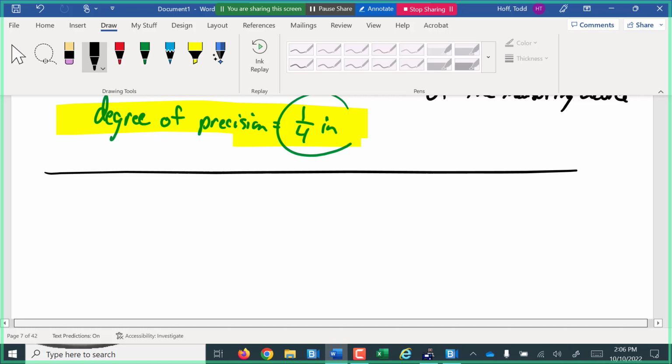Okay, so we have a few pages to put together here. So these are all in the big book.